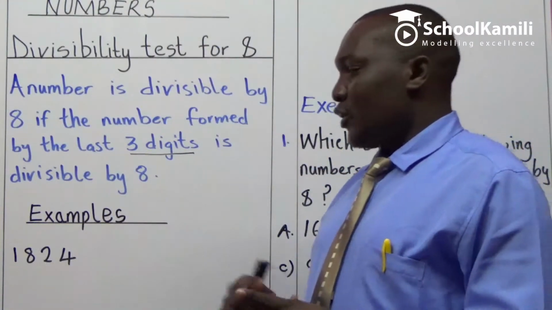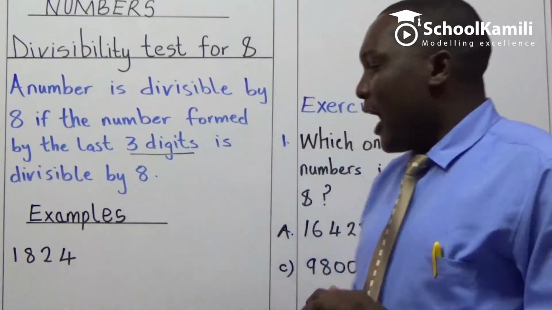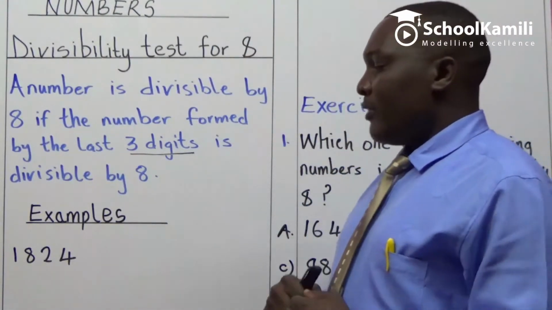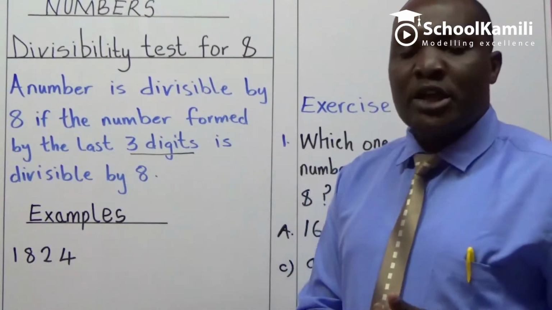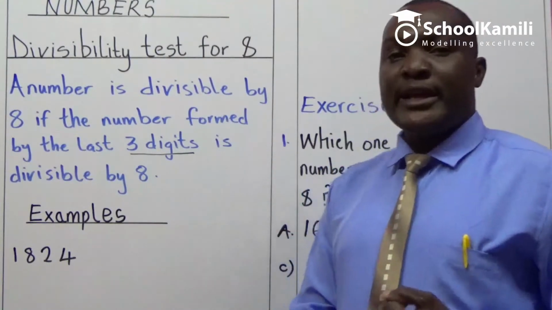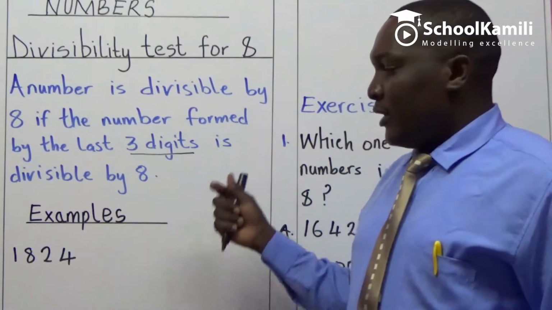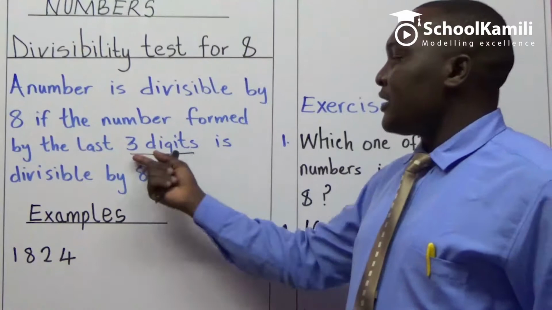So I have an example here. I want us to look at that example. We find out whether the number is divisible by 8 or not. So we go back to our rule: we get the number formed by the last 3 digits.